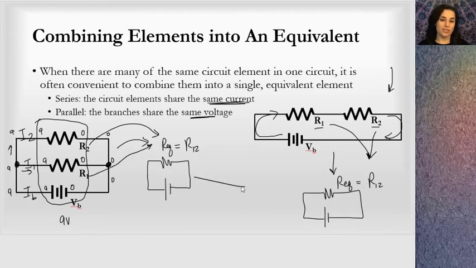So you can see whether I have a parallel or a series circuit, I am simplifying both of those resistors down to a single element, some sort of equivalent resistance. So that's the idea of finding equivalence and how to look for series and parallel. I'm going to practice that more on a couple of problems, but let's focus on finding the equations for series and parallel.